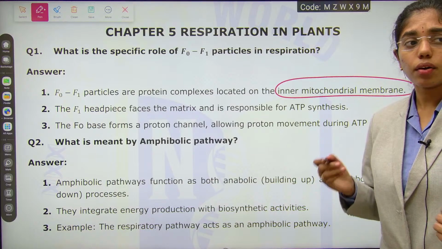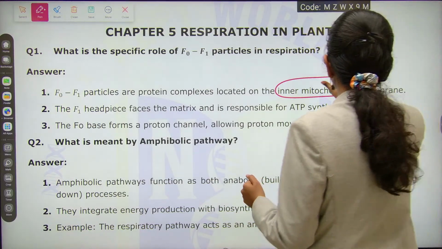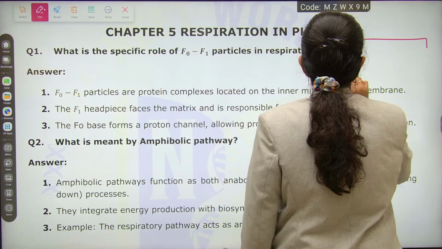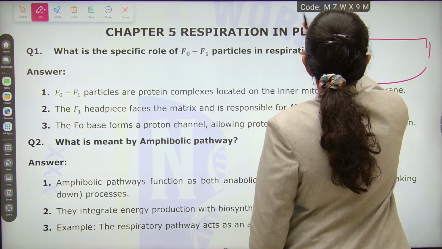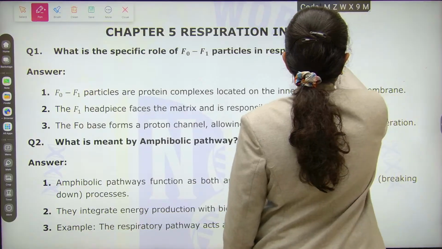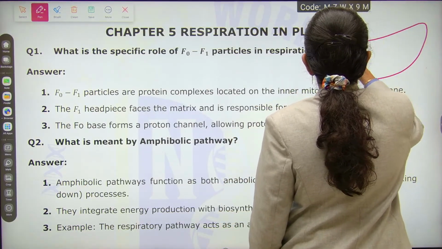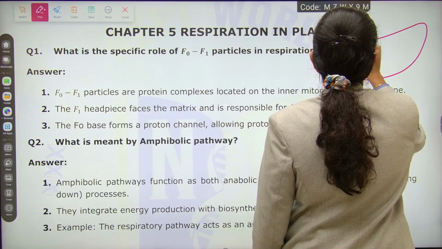It will be very good if you can draw the diagram and explain as well. So if you take a mitochondria, let us take a structure like this.